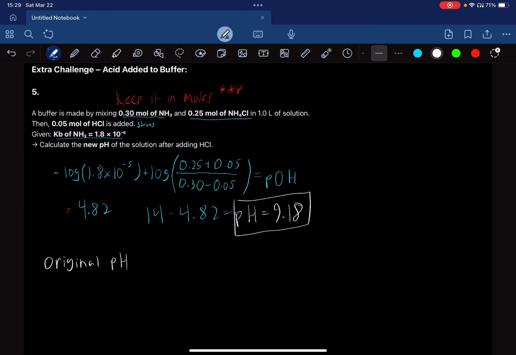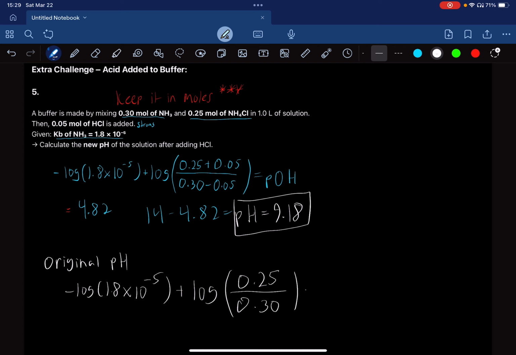We have 1 liter, so it's going to be negative log of 1.8 times 10 to the power negative 5 plus the log of 0.25 and 0.30 is equal to the original pOH.